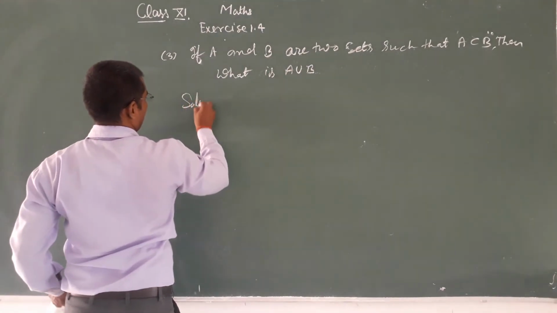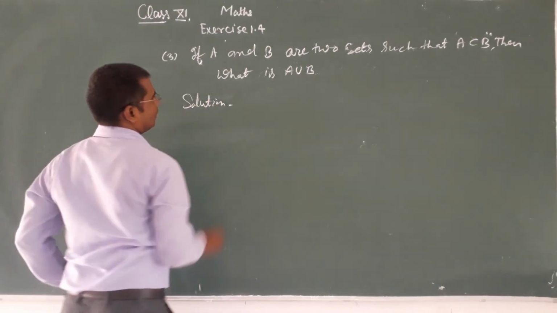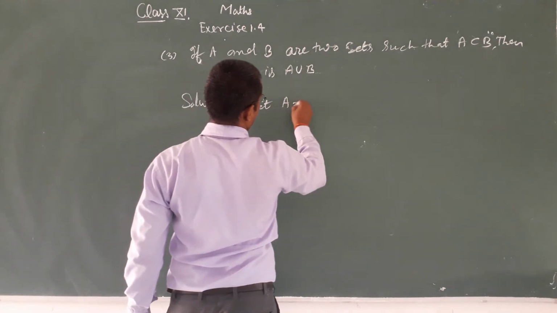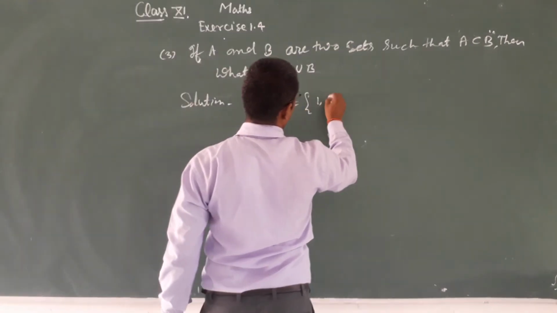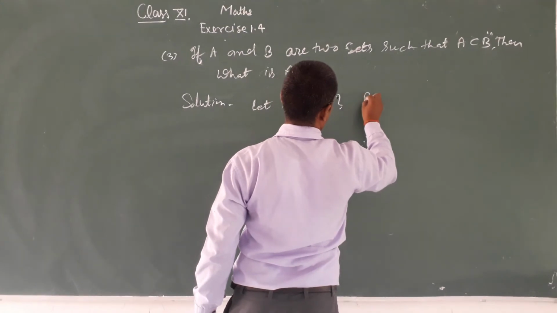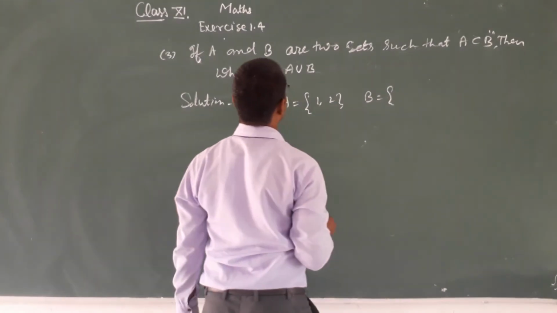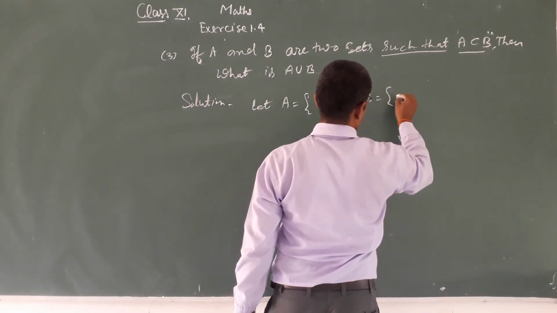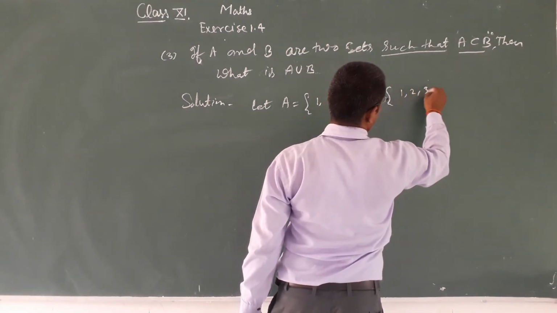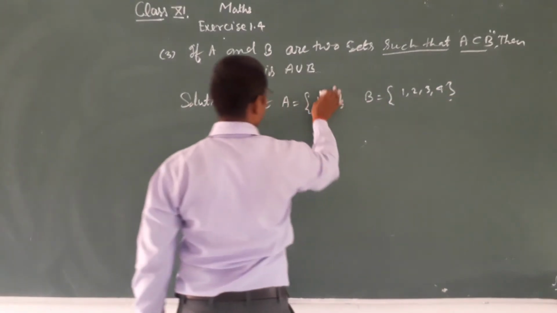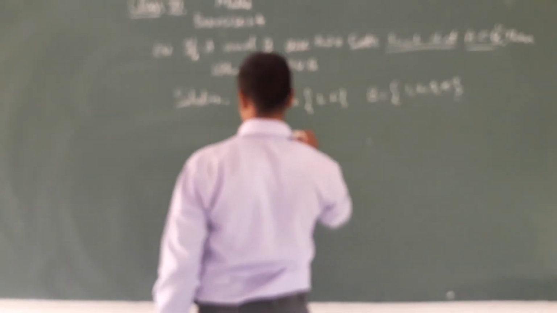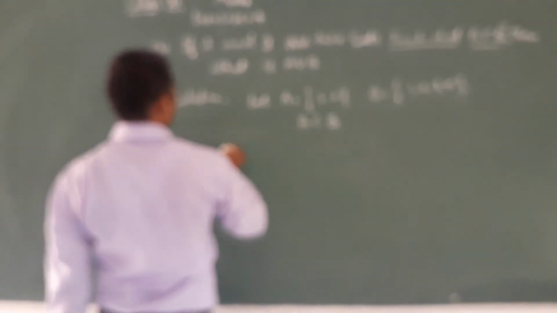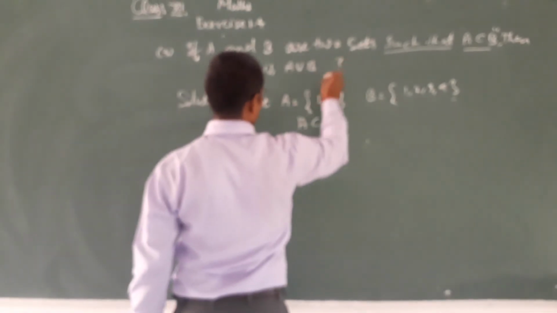So solution: let set A be {1, 2} and set B be {1, 2, 3, 4}. So all elements of set A are in set B, so A is a subset of B. Then what is the value of A union B?